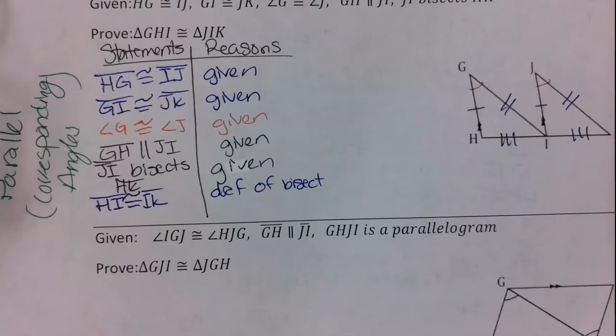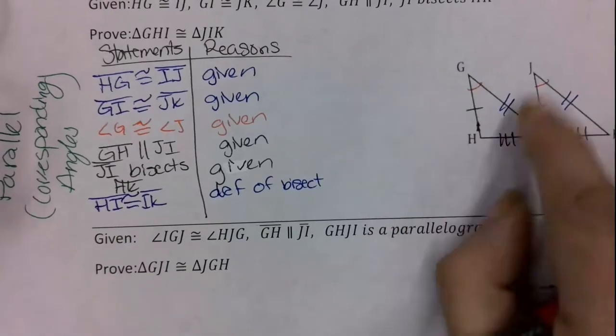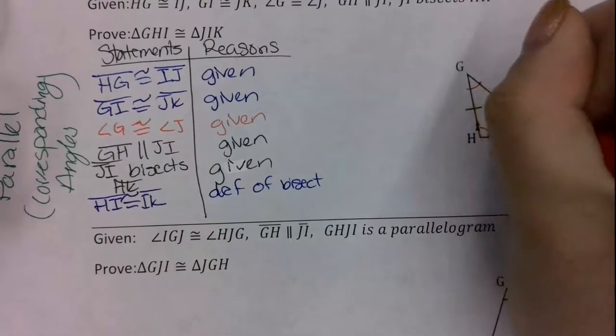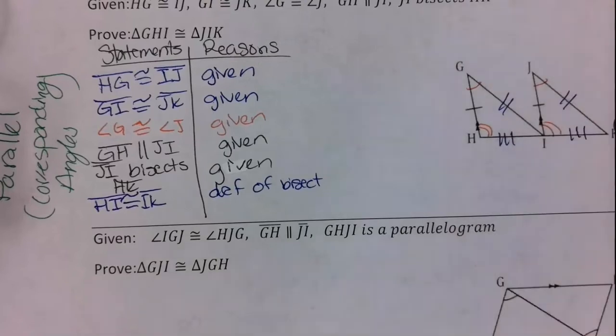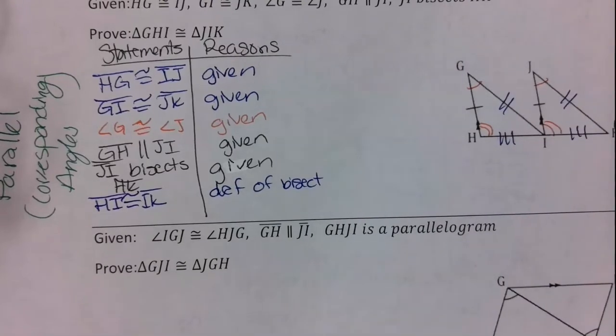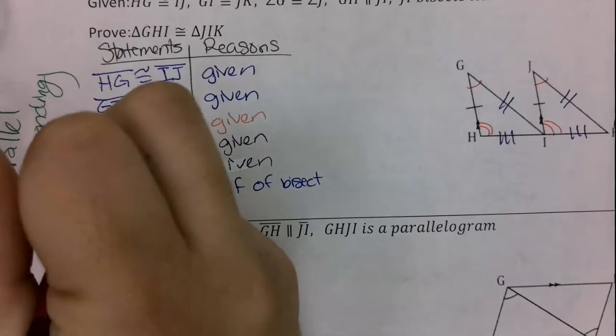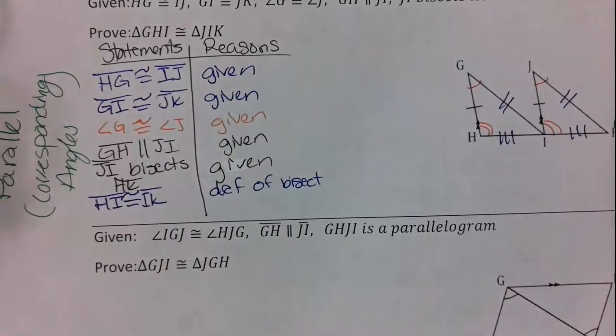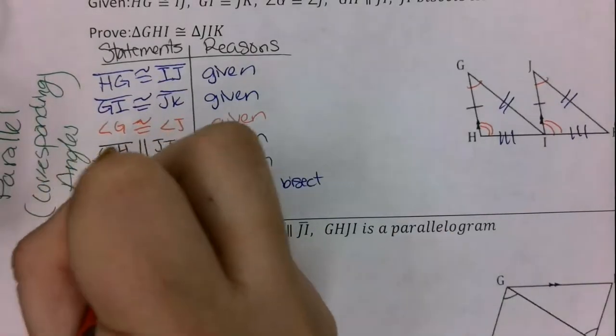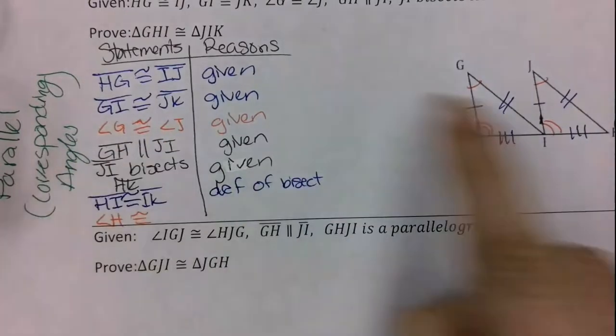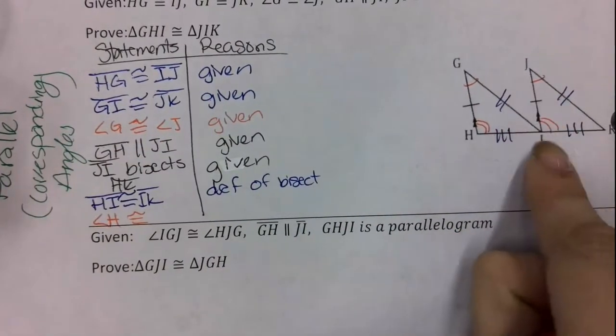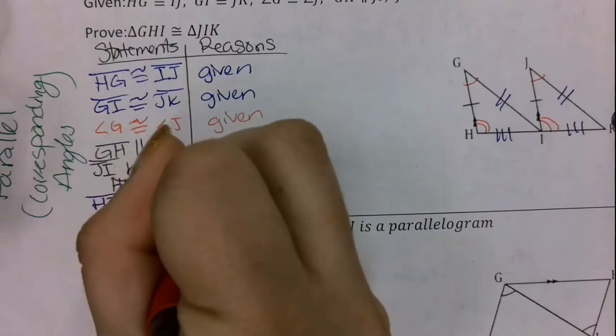Okay. Then, since I know these two are parallel lines, I know that these two are going to be congruent because they're corresponding angles. So angle H is congruent to angle, this one has to be named with three letters because there's two angle I's. Angle JIK.